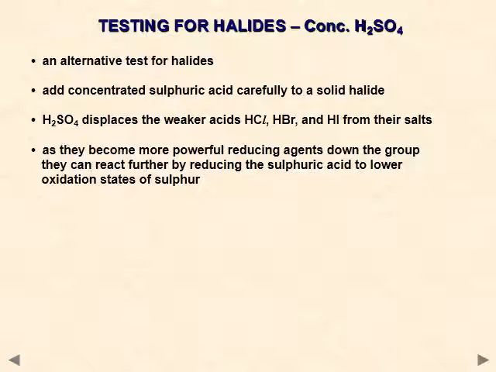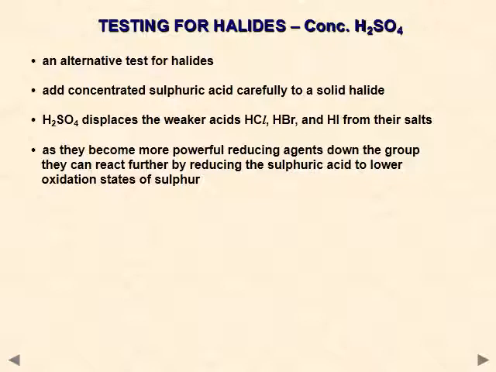When you add concentrated sulfuric acid to halide ion solutions, for example sodium chloride or sodium bromide or sodium iodide, from sodium chloride it forms HCl, from sodium bromide it forms HBr, and from sodium iodide it will form hydrogen iodide.